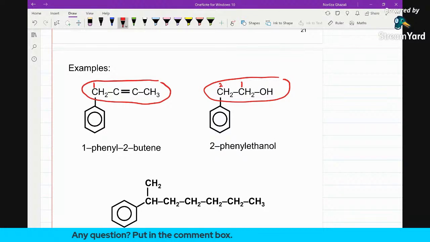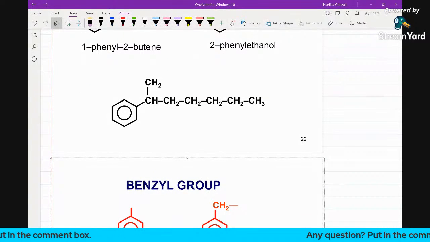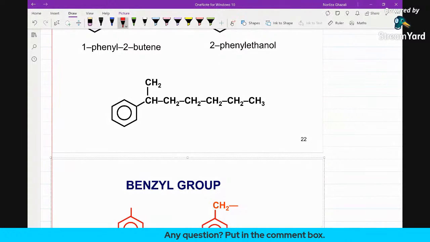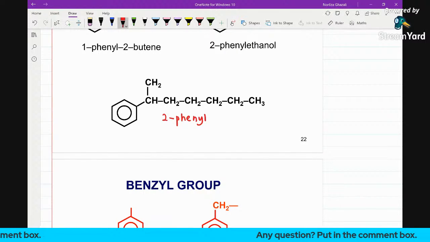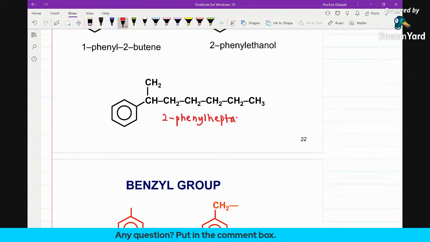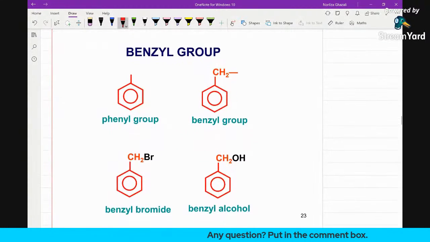So 2-phenyl ethanol. Okay, so this one, 1, 2, 3, 4, 5, 6, 7. So 2-phenyl, 7 is 1, 2, 3, 4, 5, 6, 7. Heptane. 2-phenyl heptane. Right?